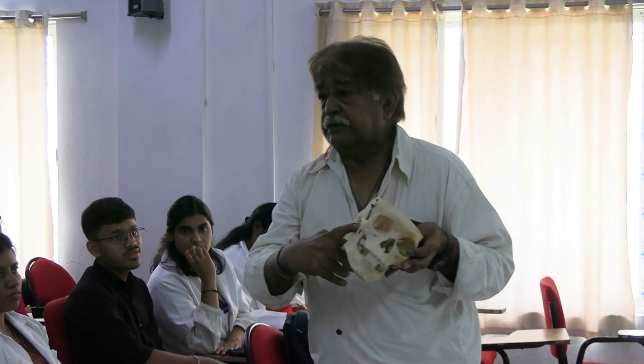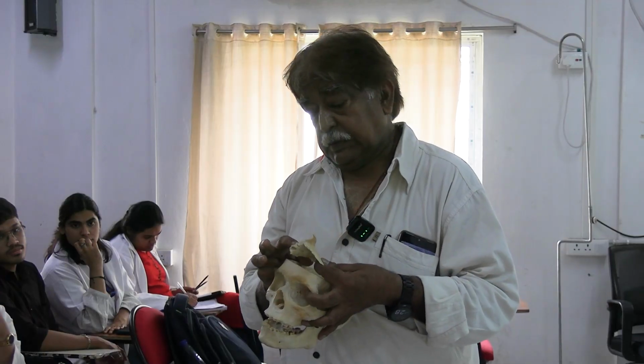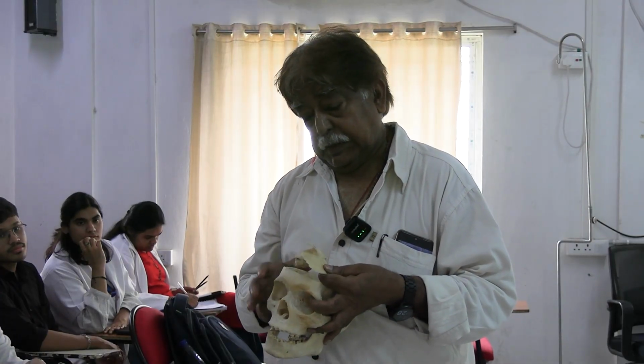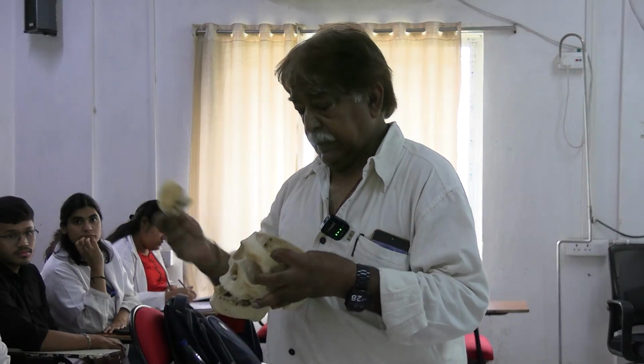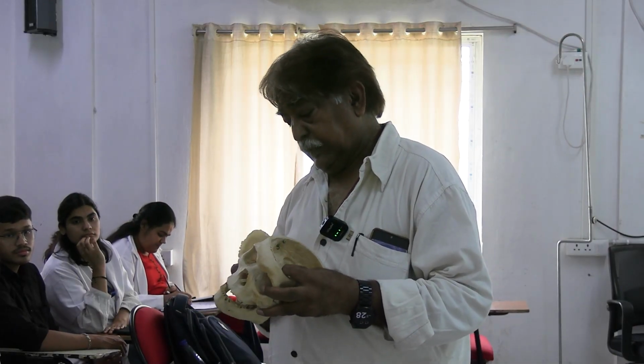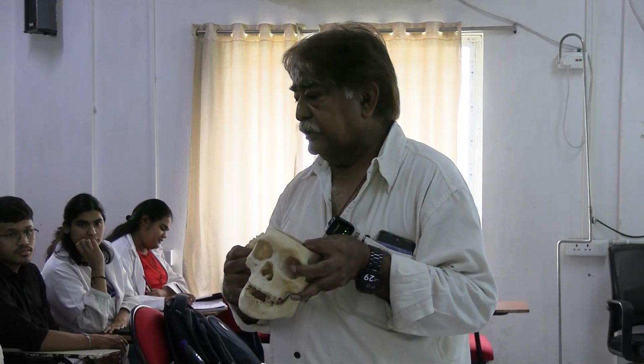Now, this is the temporomandibular joint. The condylar process is articulating with the temporal bone. Here's the mastoid process, the external auditory meatus.